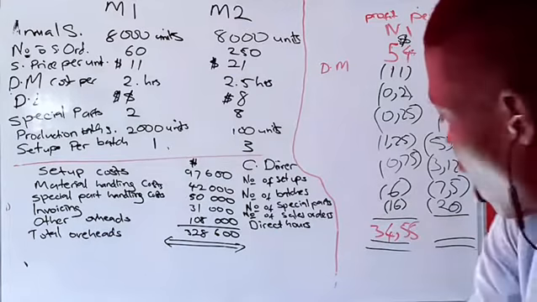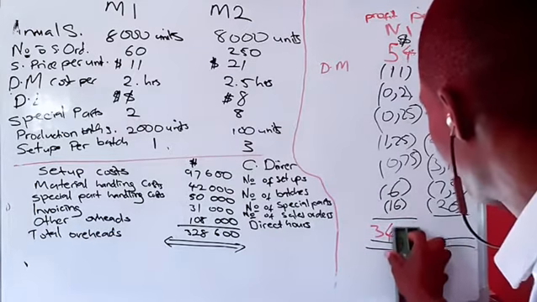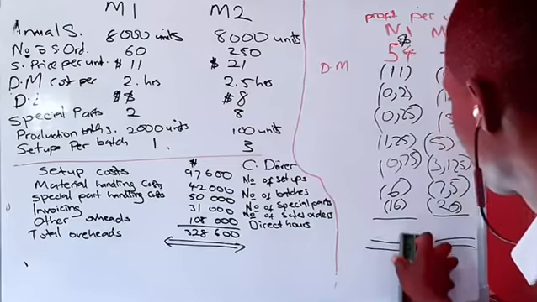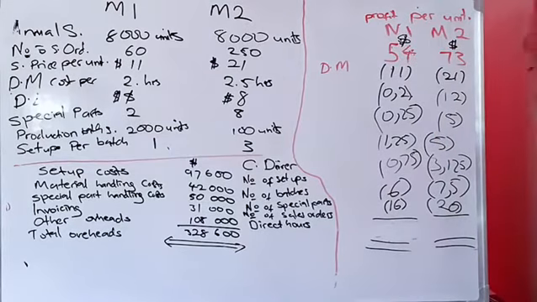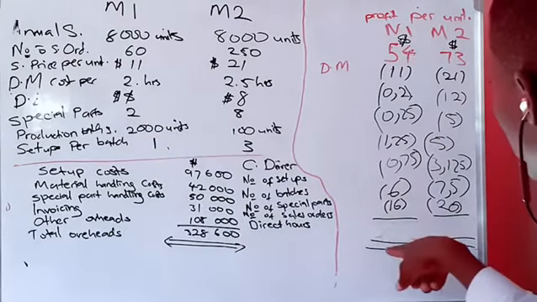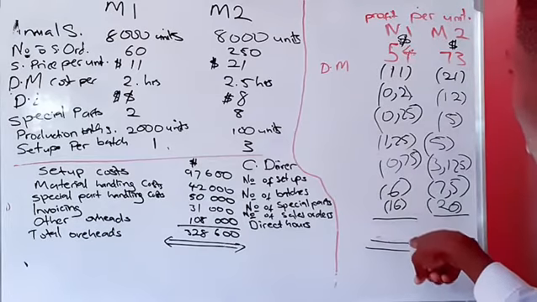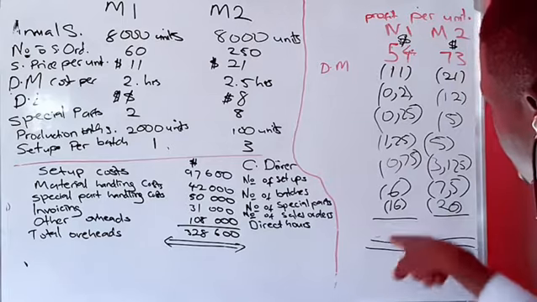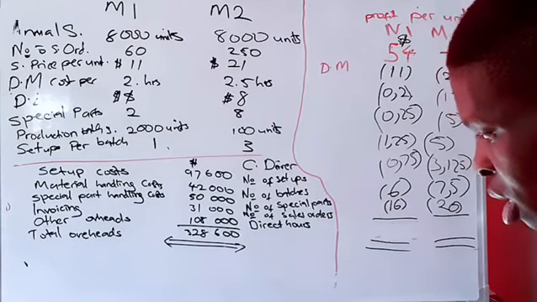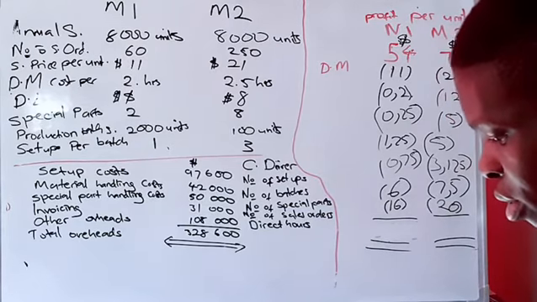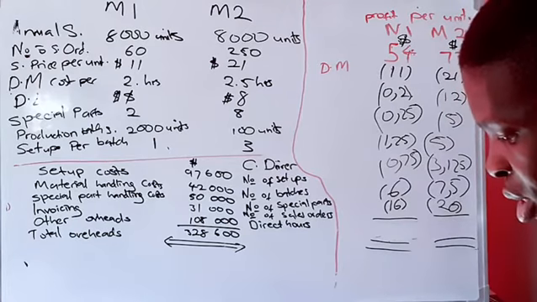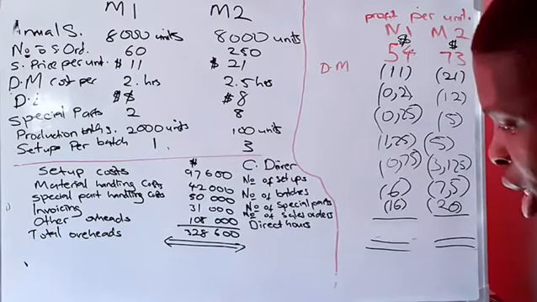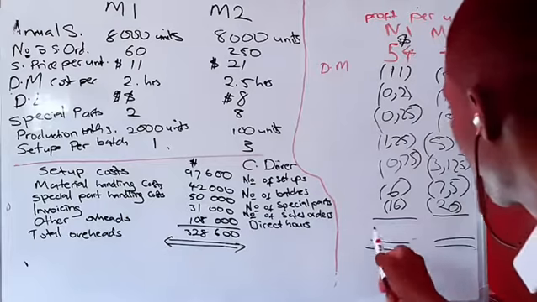Okay, so this simply means this answer is not correct. So basically it was 34.55, isn't it? 34.55 minus 16, then we're going to get our final answer here of 18.55.